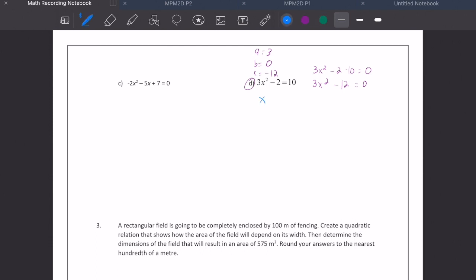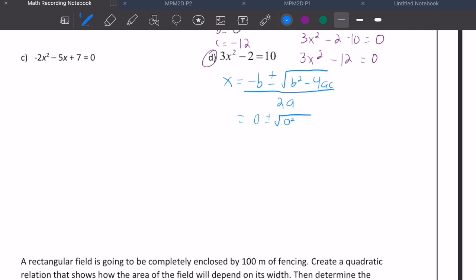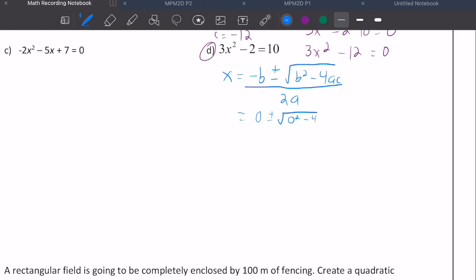This will still work. It's just going to look a little bit different. So we have our x equals negative b plus minus the square root of b squared minus 4ac all over 2a. Let's fill it in. We got 0 plus minus the square root of 0 minus 4 bracket 3 bracket negative 12, and this is over 2 bracket 3.